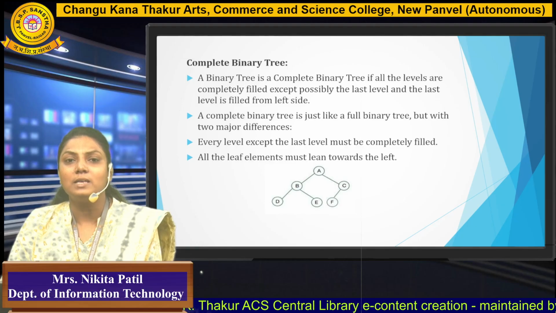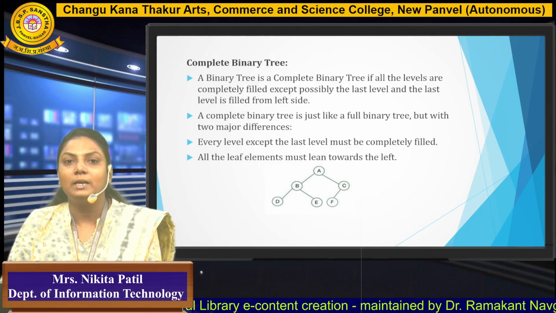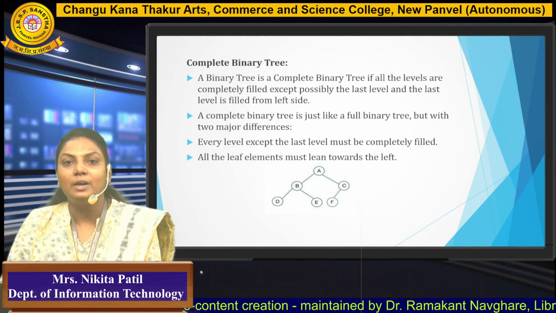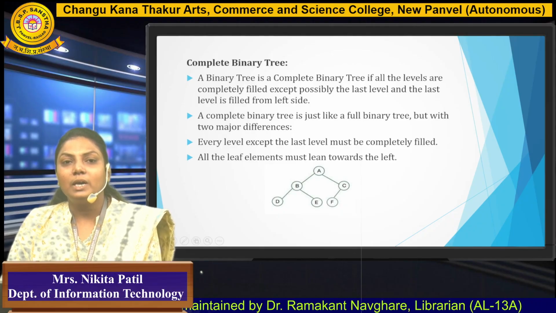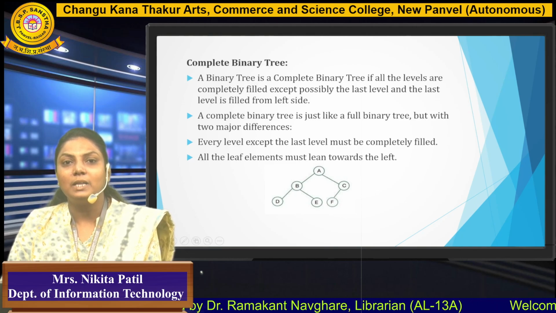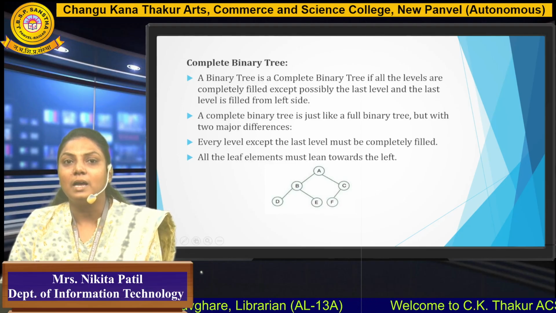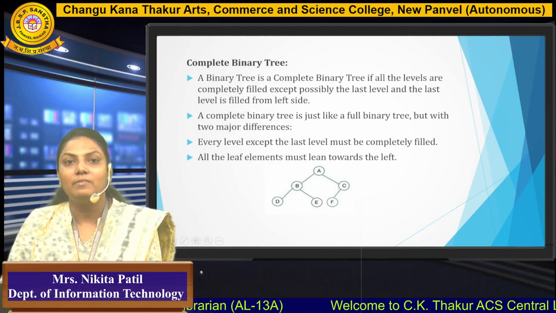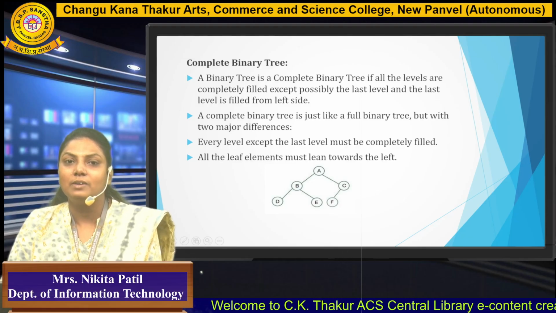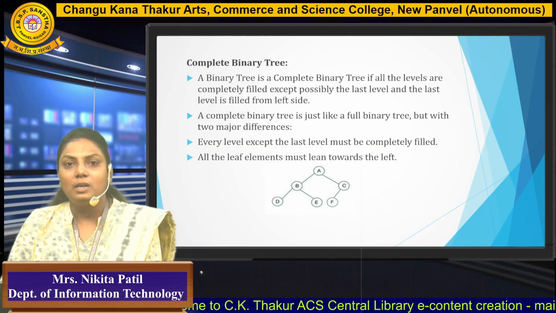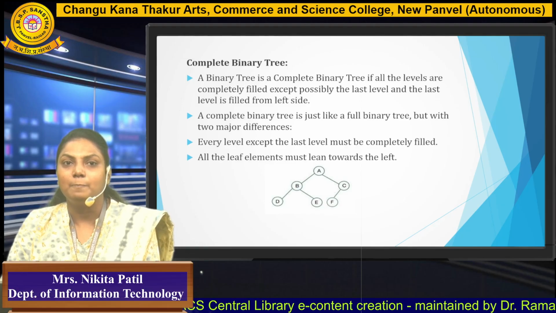Again, B has two children, D and E, but the node C has only a left side node, and the right side node is absent. So every level except the last level must be completely filled, but our condition is that except possibly the last level, and the last level is filled up from the left side. So in the above diagram, the last level is filled from the left side, so we consider this tree a complete binary tree.